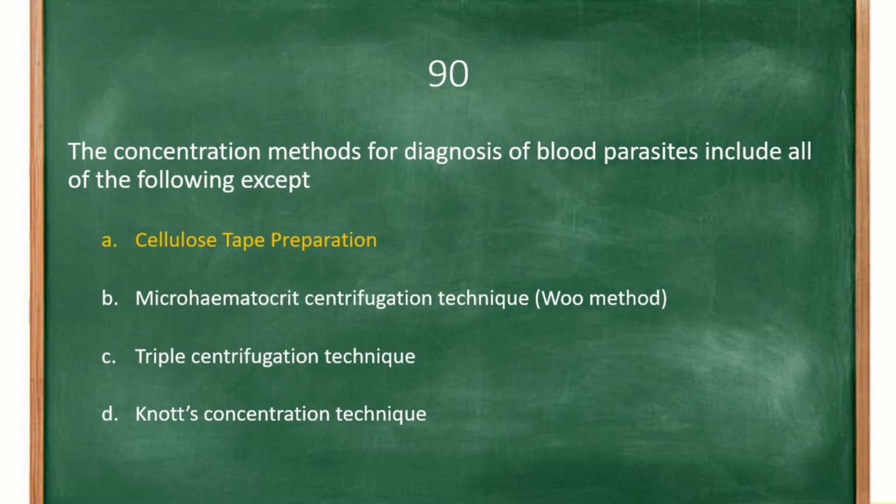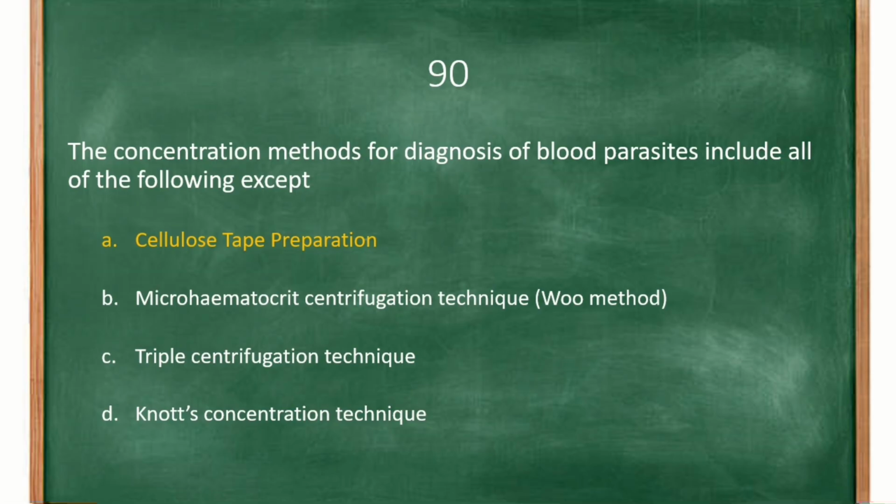Then if you take option C, triple centrifugation technique, this method involves multiple centrifugation steps to concentrate and isolate blood parasites, such as malaria parasite, from a blood sample. Then the Knott concentration method is primarily used to concentrate and detect microfilaria in blood samples. It involves mixing the blood with a lysing agent and centrifuging to concentrate the parasite.